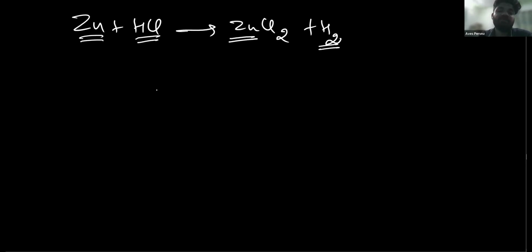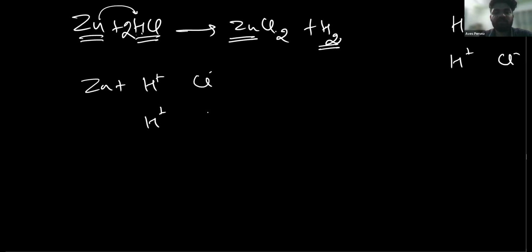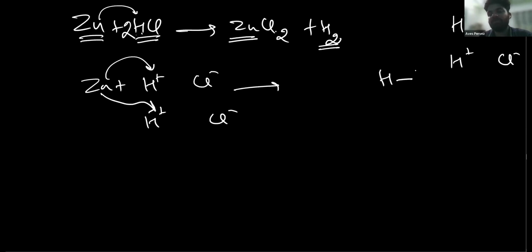If we balance this equation, we have 2 hydrogen and 2 chlorine. So zinc is providing 2 electrons to the 2 HCl, meaning H positive, Cl minus, Cl minus. Zinc provides 1 electron to each H positive, and they combine to form hydrogen atoms and then hydrogen gas.